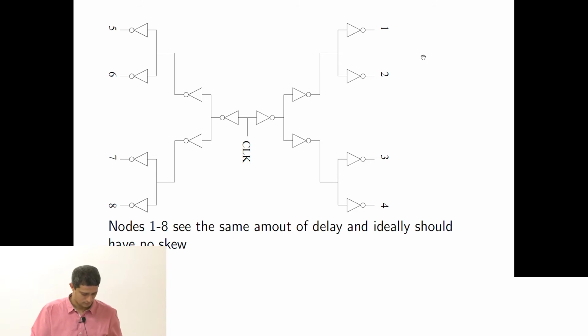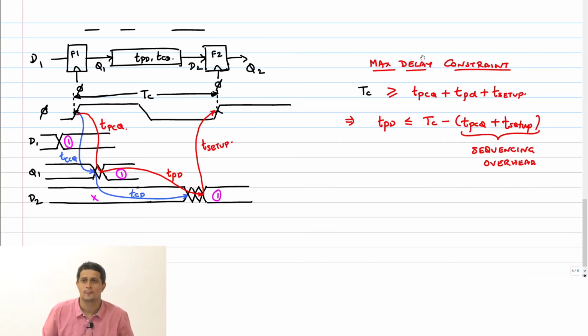So we safely assumed here that this phi, which is driving flop F1, is also driving F2 without any sync problems. That's why we drew only one clock. Otherwise, I should have drawn phi 1 and phi 2 and delayed them.